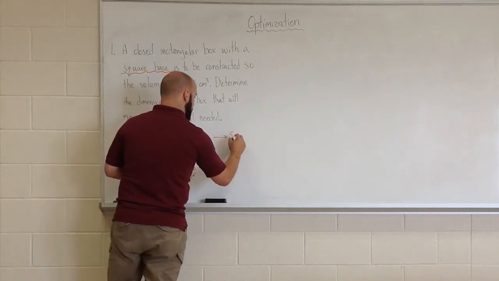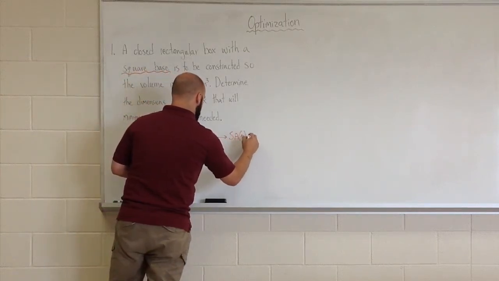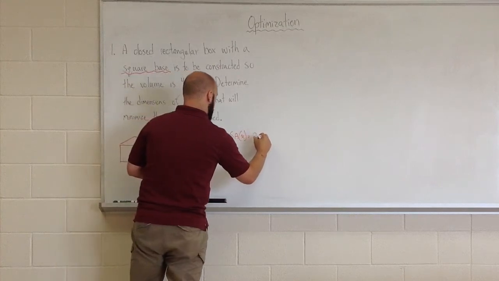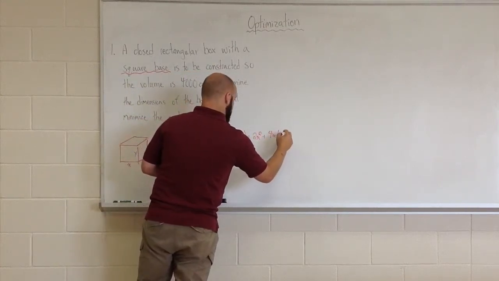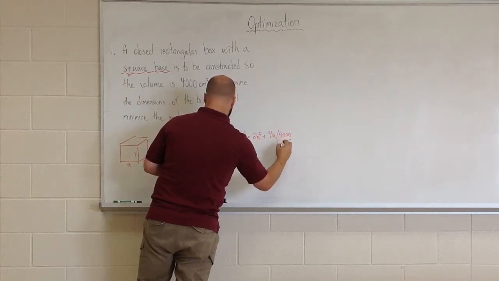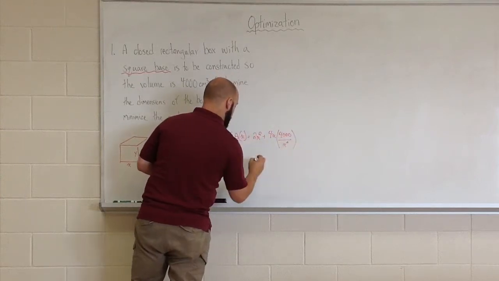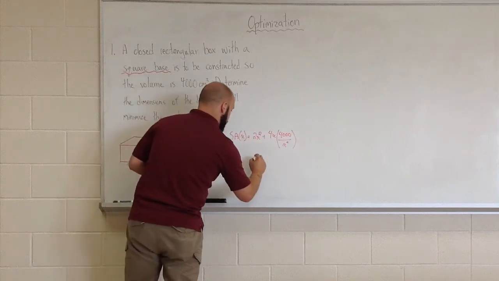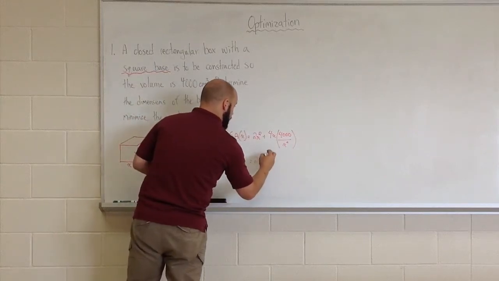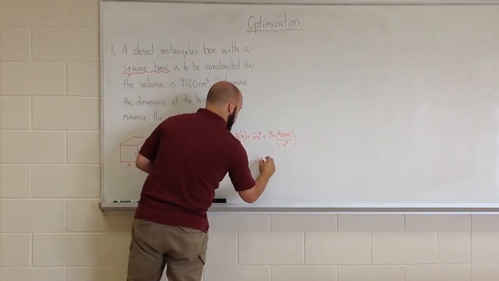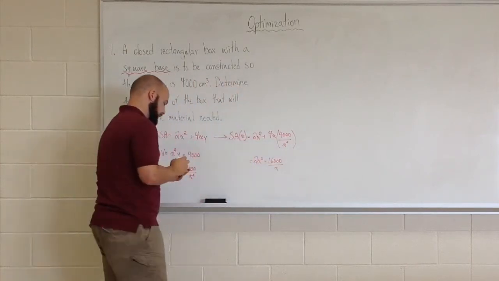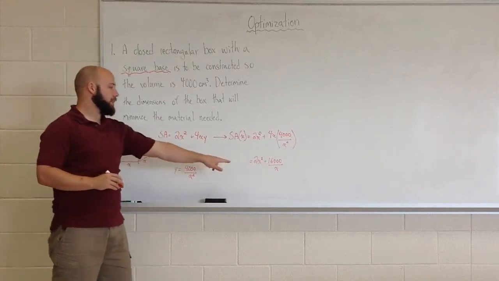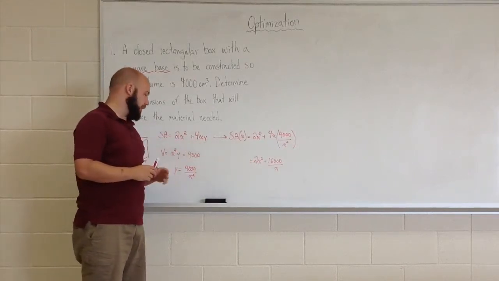So surface area as a function of x equals 2x squared plus 4x times 4,000 over x squared. We can simplify that to be 2x squared, 1x crosses out, plus 16,000 over x. Okay? That's the equation that we need to take the derivative of.